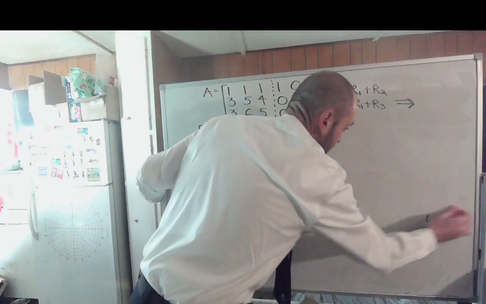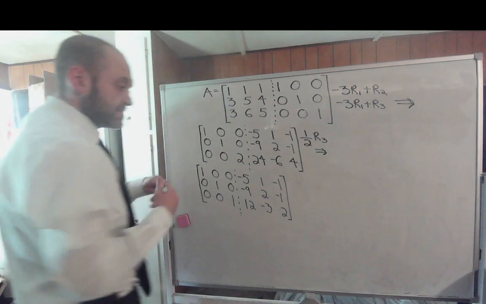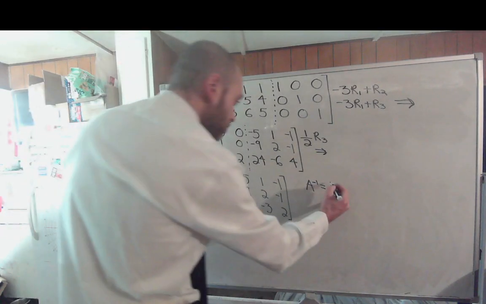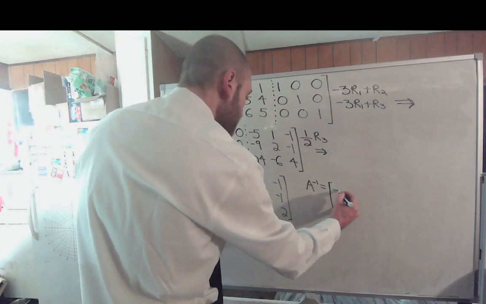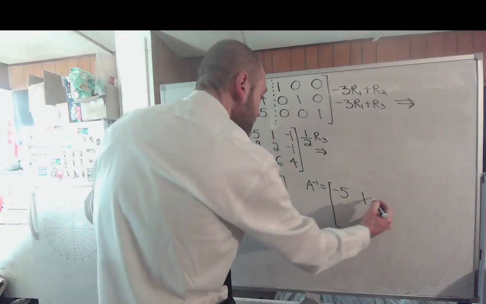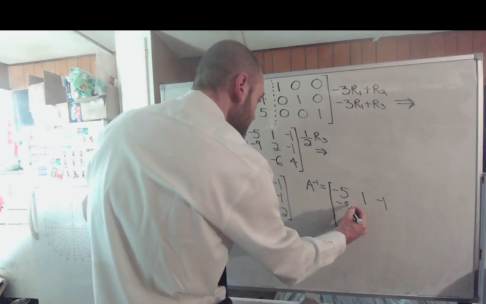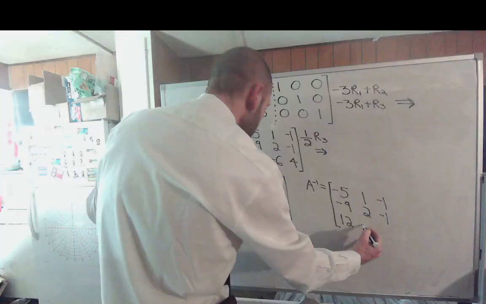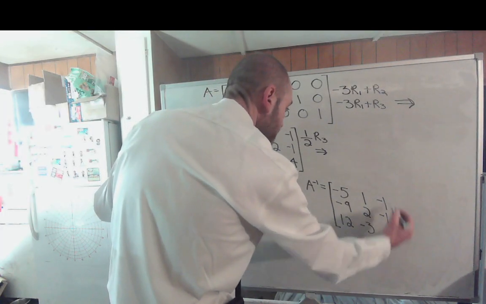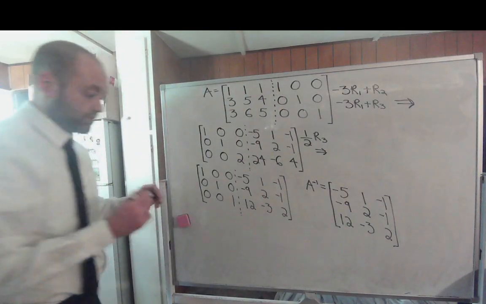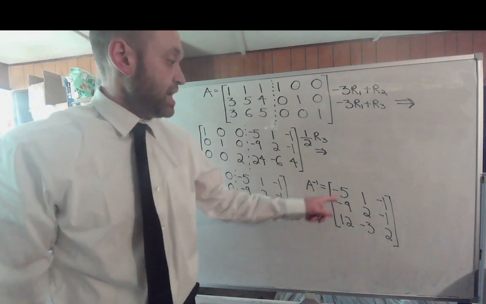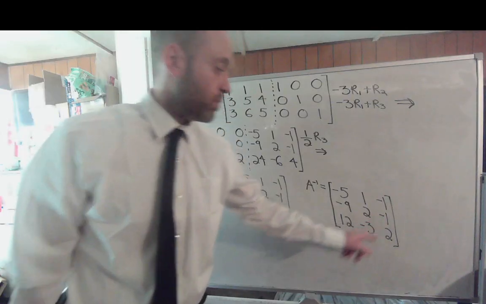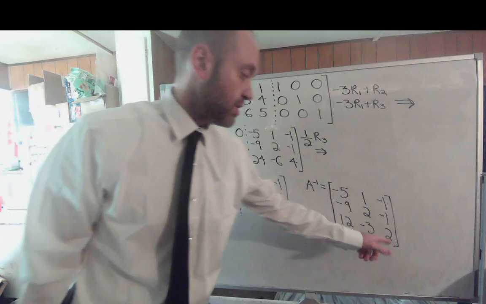Erase everything down here. That means that your inverse matrix, A inverse, is going to equal the matrix of negative 5, 1, negative 1, negative 9, 2, negative 1, 12, negative 3, and 2.